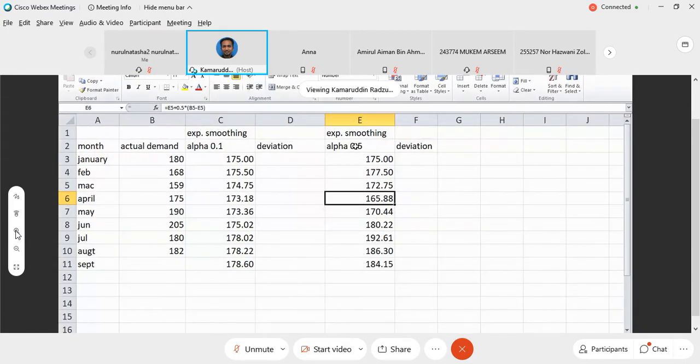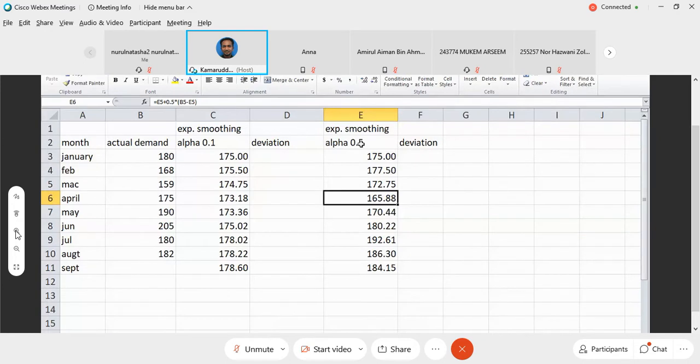Katakanlah di sini kita menggunakan nilai alpha value yang berbeza. Let's say there's a second example of exponential smoothing. We are using alpha value of 0.5. The same procedure, the same formula for the exponential smoothing will be applied to forecasting the demand based on this data.